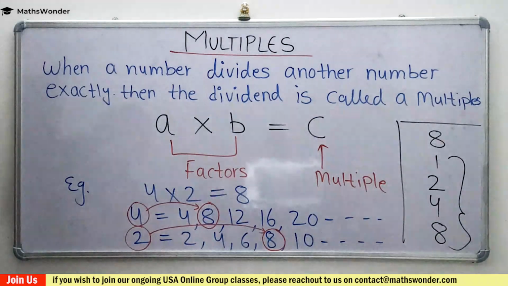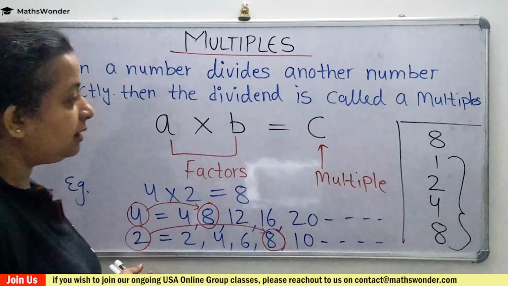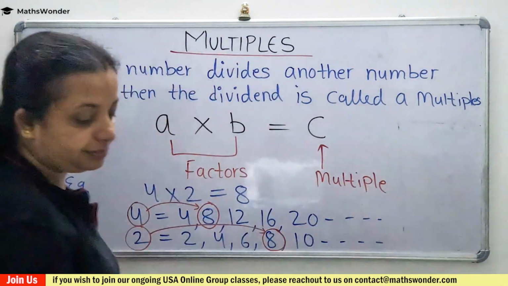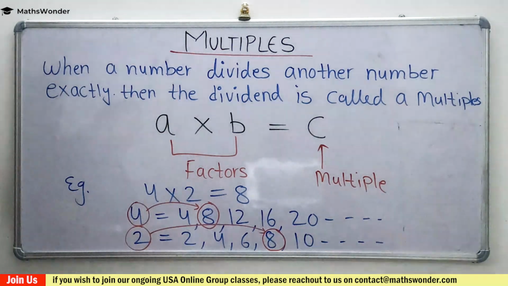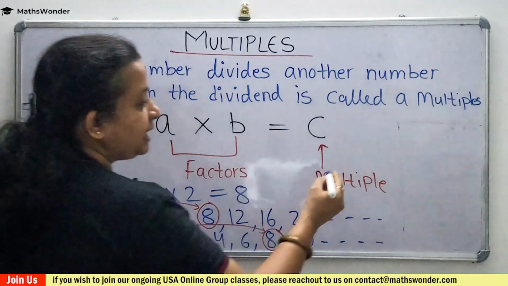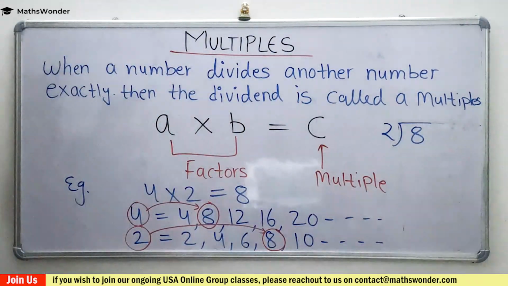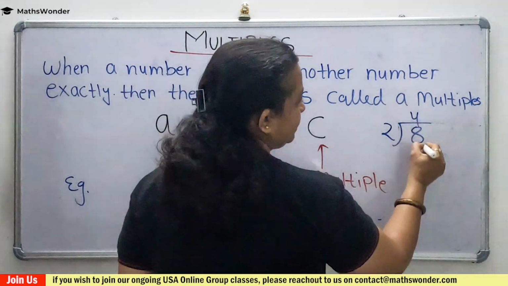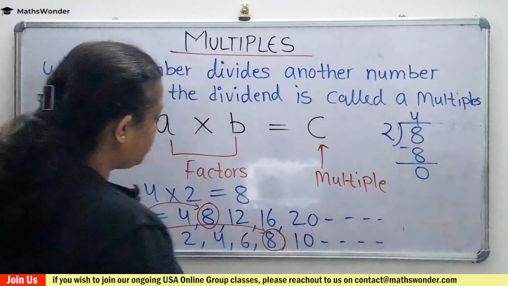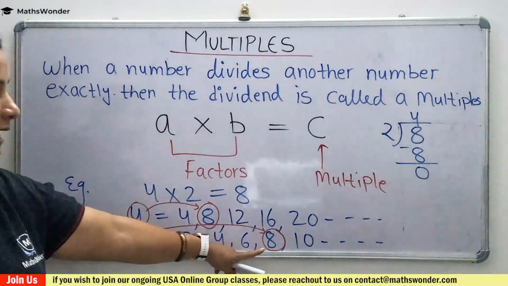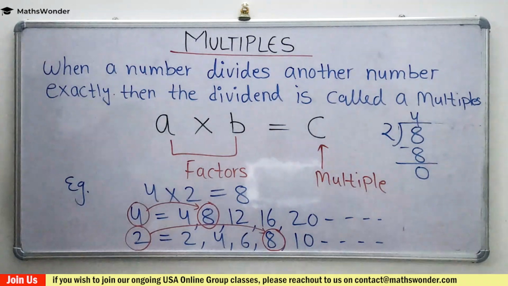Dividing 8 by 4, you will get it perfectly divided. For example, I'm giving another example: 8 divided by 2 gives 4, and you will get remainder 0, right?